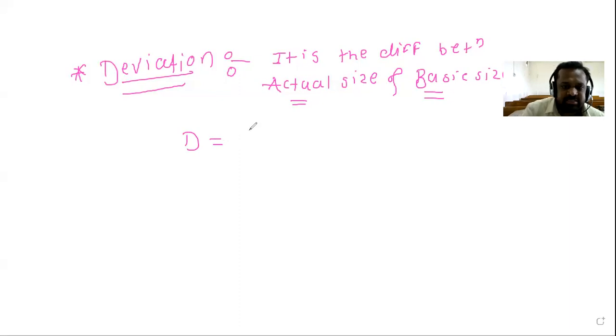What is meant by the actual size? Minus basic size. Yes, please tell me what is meant by the actual size and basic size.